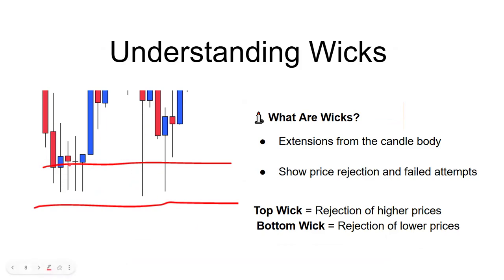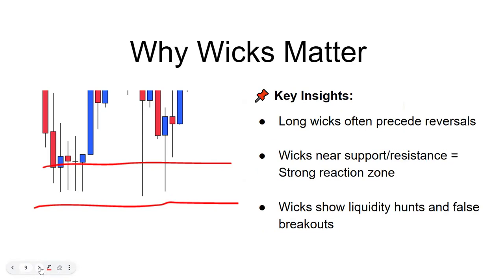You can see multiple rejections here. These are what we call wicks, and this is the candle body. This rejection extension on the candle body is called what? Wick. You can see multiple of them here. Don't worry, we're going to talk about how to correctly mark out these wicks on the chart.